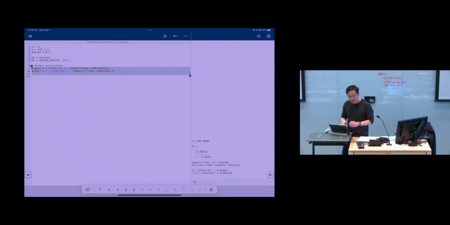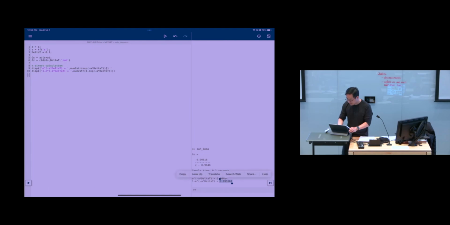If we just use the formula that we obtained, then in the numerator it should be 1 minus e negative A delta t, which after computation is 0.095163, exactly the numerator in the c2d calculation.